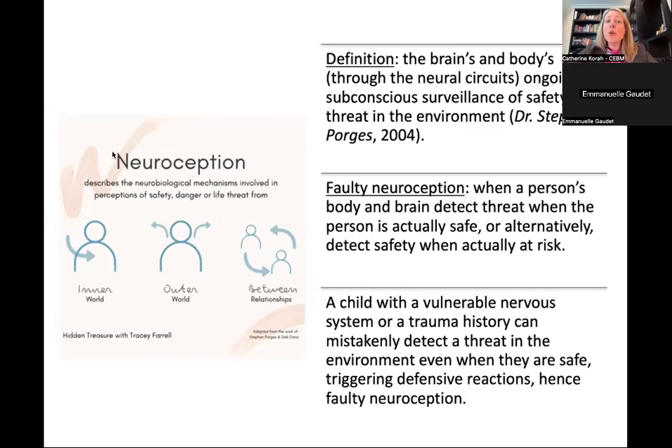The term neuroception describes the neurobiological mechanisms involved in the perception of safety or danger or life-threatening situations in the environment. We know now that our sensitized population will have a different type of neuroception compared to our neurotypical children. And again, it depends if there's a history of trauma or not. That has a huge impact.